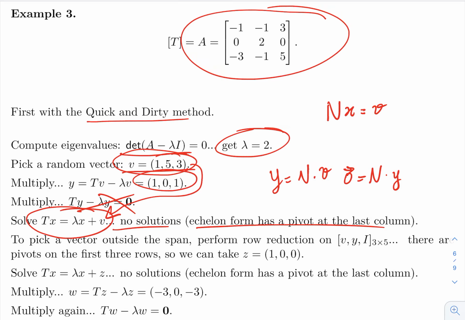So here are the vectors we have already, y and v. How do we pick a vector outside the span, typically? Well, in this case, since we are looking at the whole space, we can use the methods we already know. But in principle, the identity here is actually just one way to write a basis. That's the basis we had to start with.